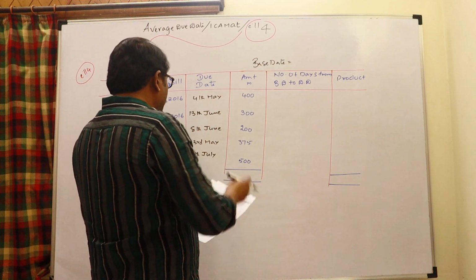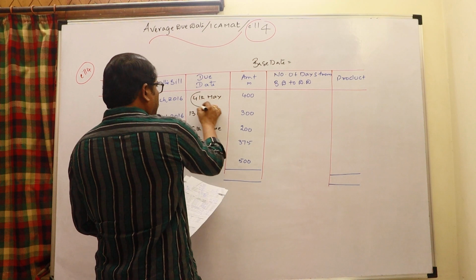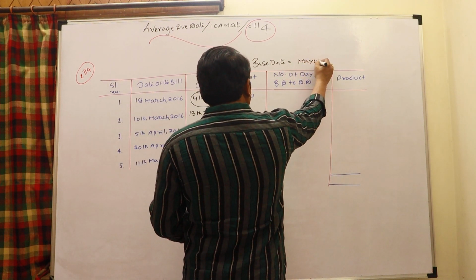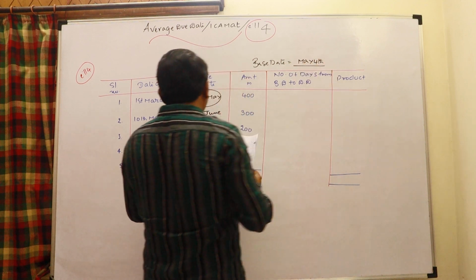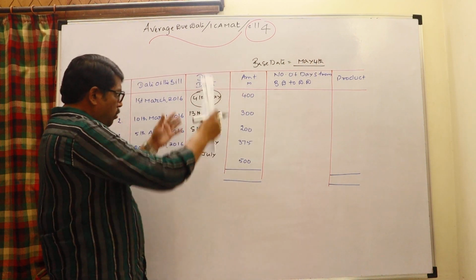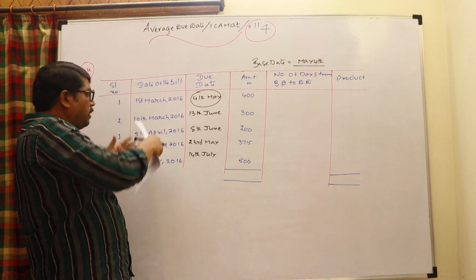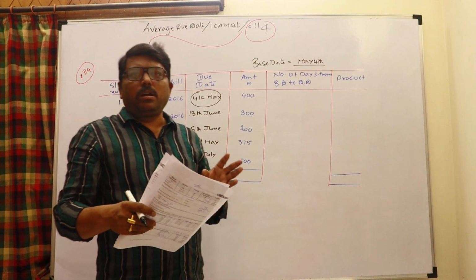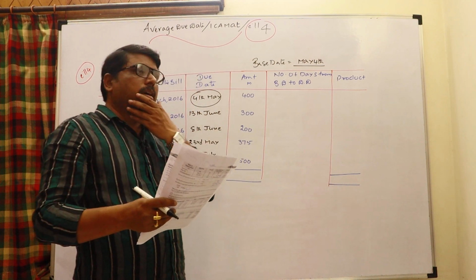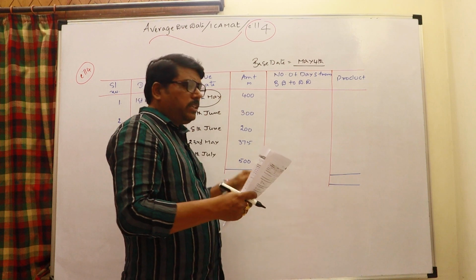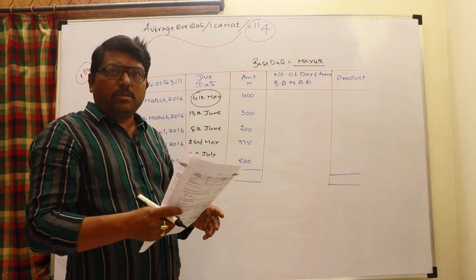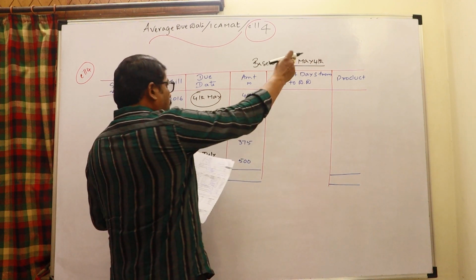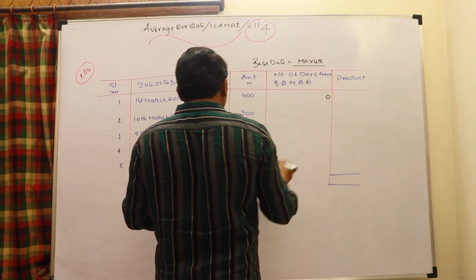Any date may be selected, even one of the drawn dates, and you can still find the average due date, but it is better to select the earliest due date. So I select May 4th as the base date. May 4th to May 4th, number of days 0.